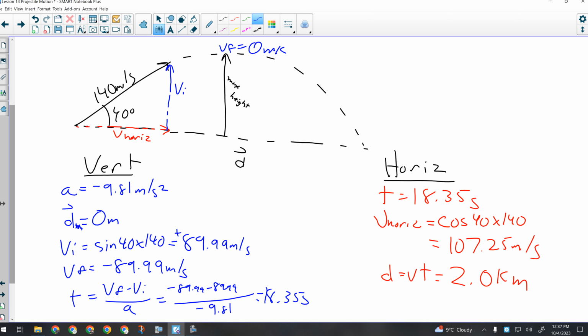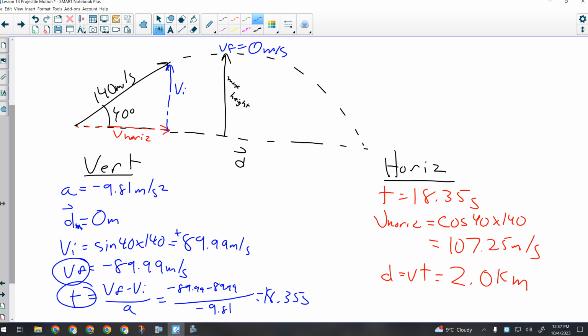And what else changes? When does this occur? In the middle. So how much time will have passed? Half of that total time that I have there on the board. So this number and this number change when I'm talking about halfway through the trip instead of the whole trip.